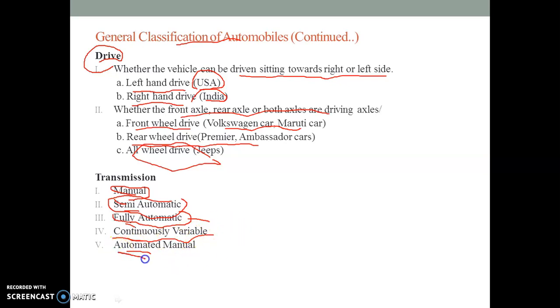And then automated manual. These are cars with transmissions that are basically manual but operated hydraulically and electronically. For example, in the case of Audi with the DSG. So these are the classifications according to the transmission system.